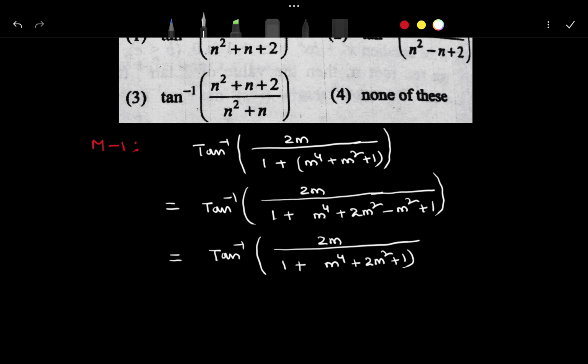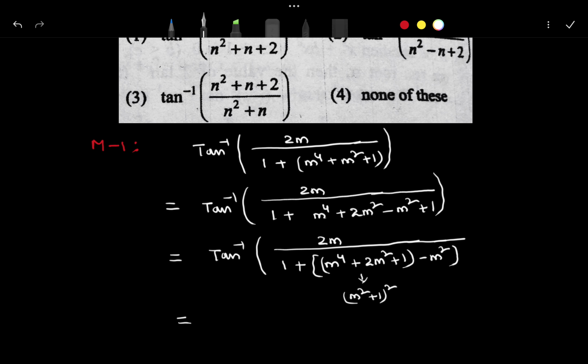This one is considered as one term, minus m square. Now here you see m power 4 plus 2m square plus 1 you can write as m square plus 1 whole square. Okay, and next minus m square.